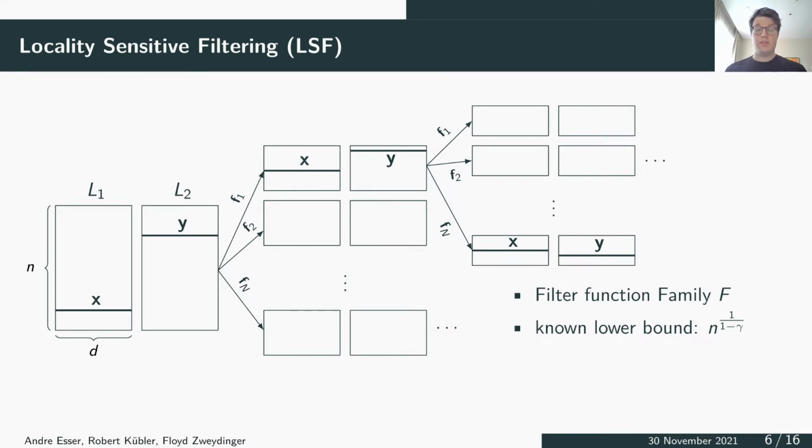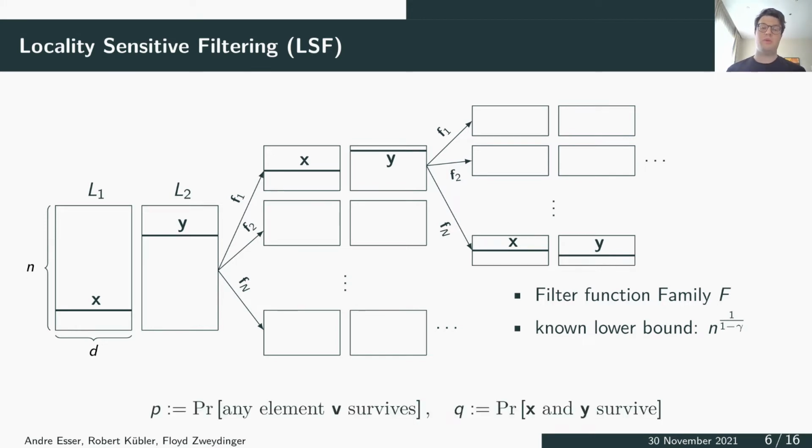Additionally, the filter functions also have a big impact on these two probabilities, namely P and Q, where P is the probability that any element v survives, meaning is not filtered out in one of the filtering steps or in one of the levels of this algorithm, and Q is the probability that both of our elements x and y we are looking for do survive in the same filtered list.